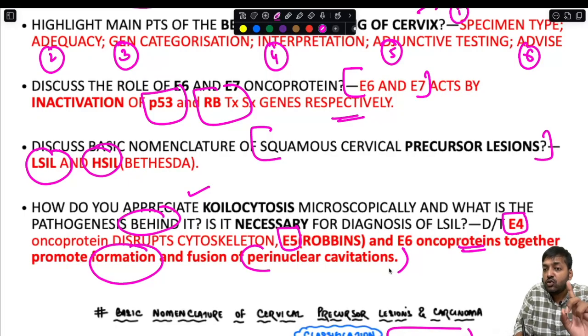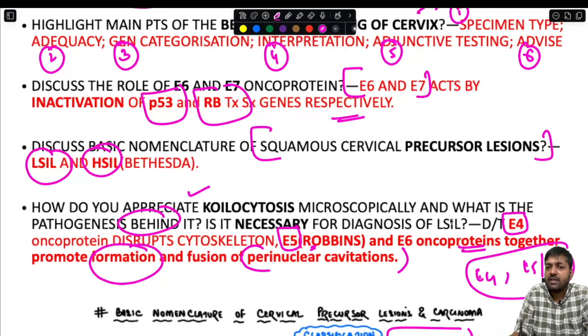So if you have to choose one answer, it will be E5 as given in Robbins. But if the examiner is asking for more, you can answer more; if he is asking for a single answer, then go for E5 and you can quote Robbins. Otherwise all of E4, E5, E6 together are helping in coilocytosis.